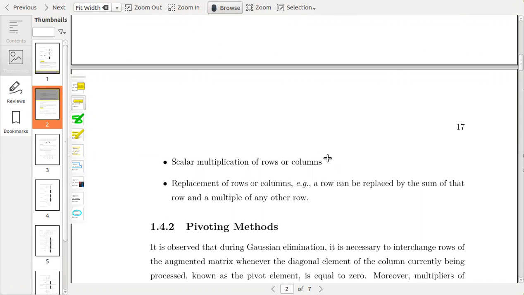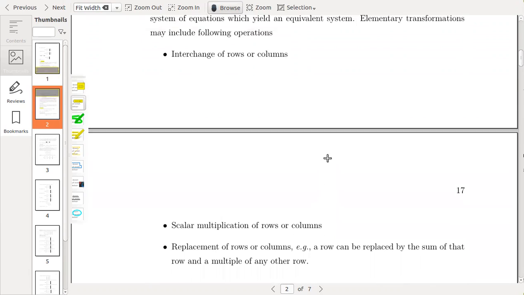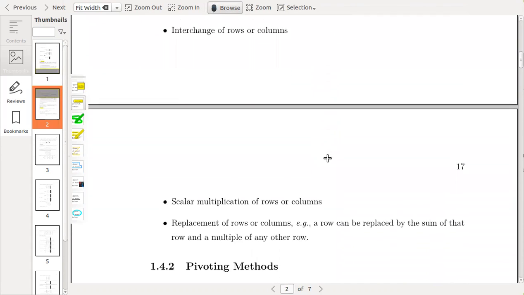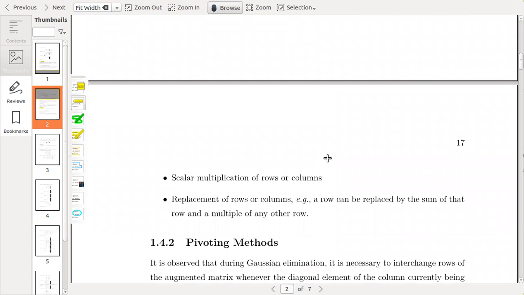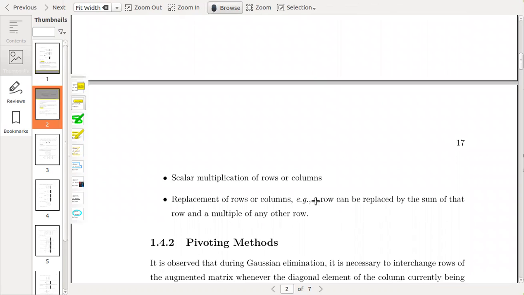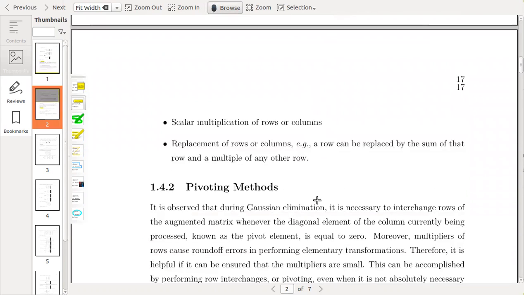And number three, replacement of rows or columns. For example, a row can be replaced by the sum of that row and a multiple of any other row. So these three steps are included in elementary row operations or elementary transformations. To interchange or swap the rows, elementary operations are performed.